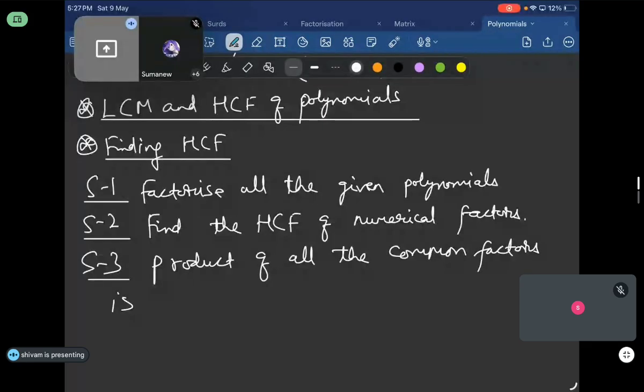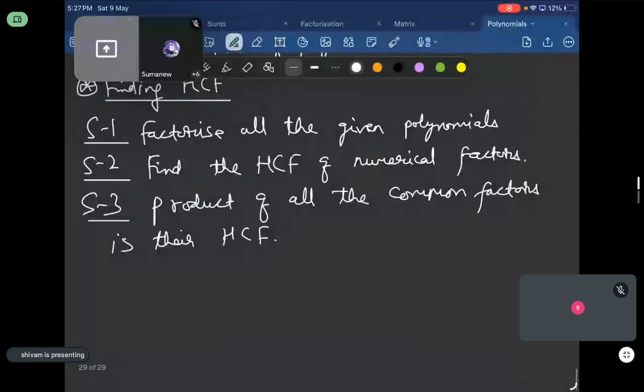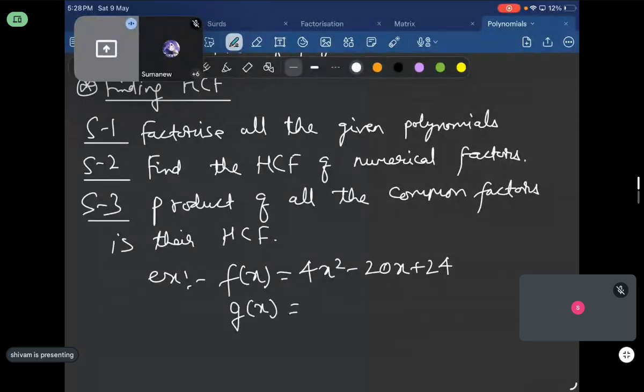Okay, for example, I am taking polynomials f of x equal to 4x square minus 20x plus 24, and g of x equal to 6x cube minus 36x square plus 66x minus 36, and h of x equal to 8x square minus 24x plus 16.